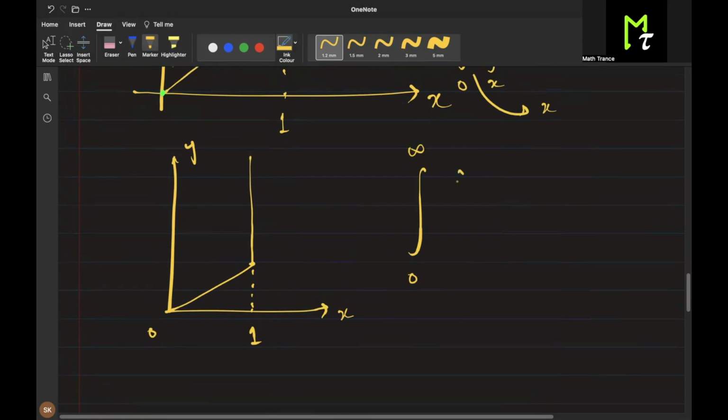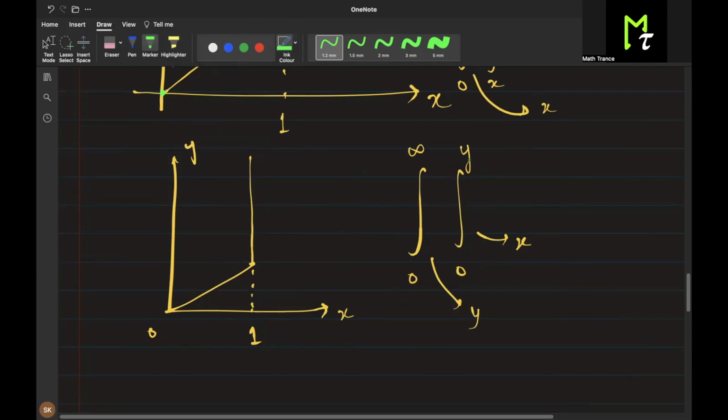For y, it meant this. For x, it meant this. This is for y. So what is this saying? That y will go from 0 to infinity. Let me change the color. Now, this is saying x equals y.